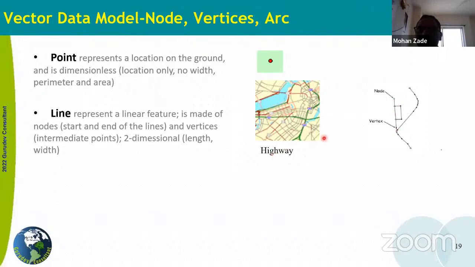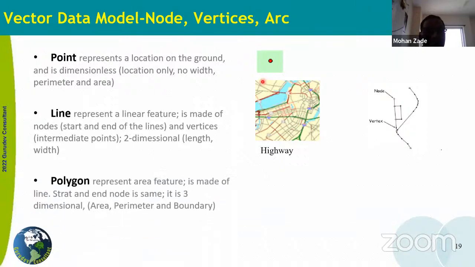The shape of a line always depends on the number of vertices on the line. If you see here, the number of vertices has increased and therefore the shape is curved. If it is a straight line, then you have only a first vertex and a second vertex. A node is a start or end node where a major junction happens in line features.